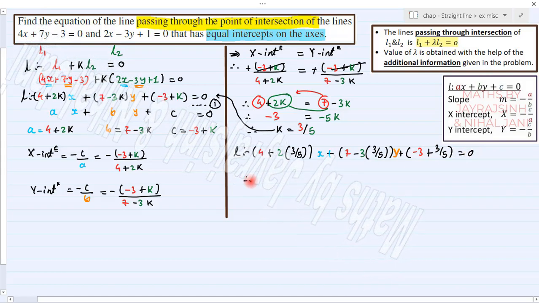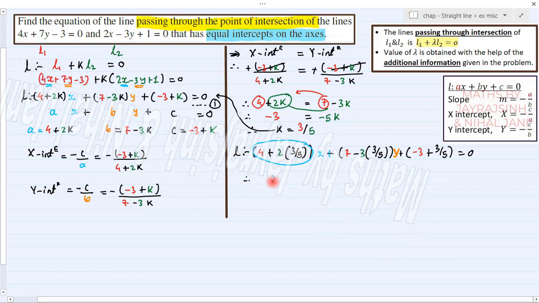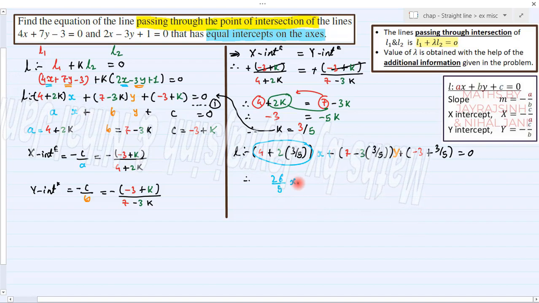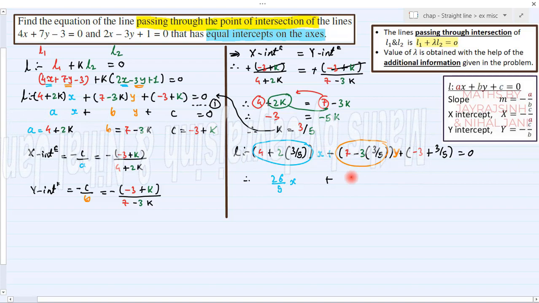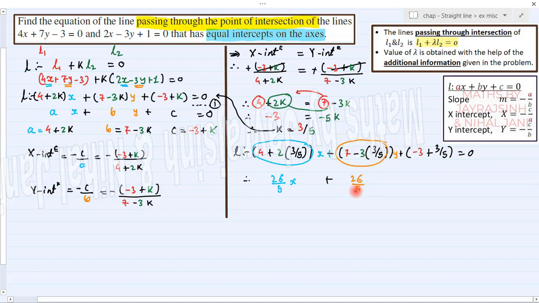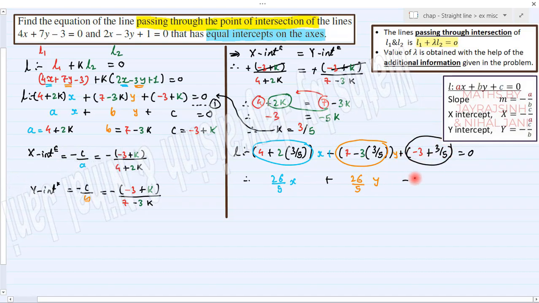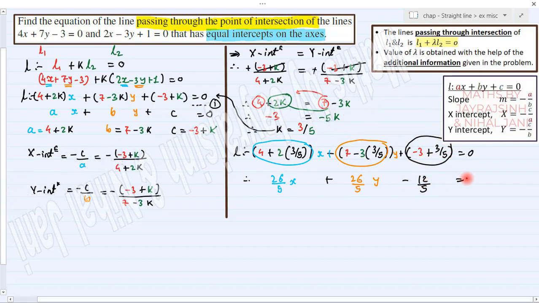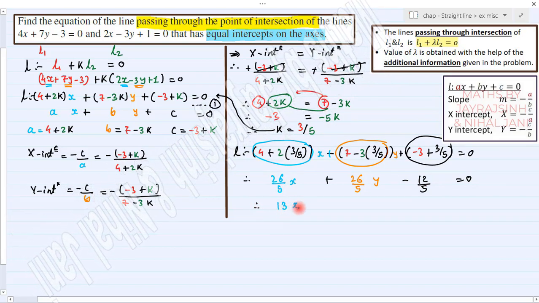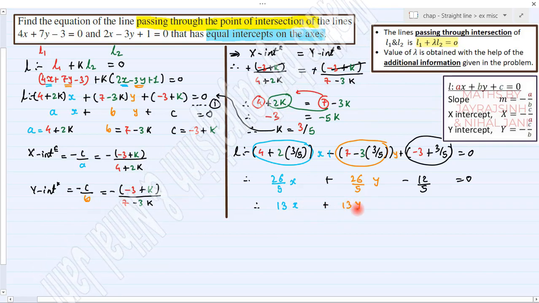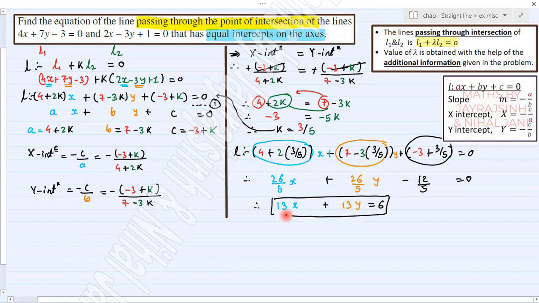So here we'll get 4 plus 6 by 5, or we will get 26 by 5 x plus 35 minus 9 by 5 will give us 26 by 5 y. And finally, minus 3 plus 3 by 5 will be minus 12 by 5 is equal to 0. Or we can say we will get 13x plus 13y is equal to 6 is your required equation of line.